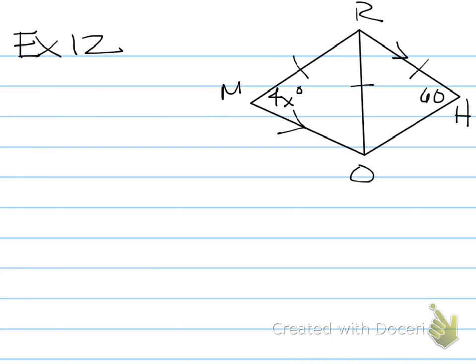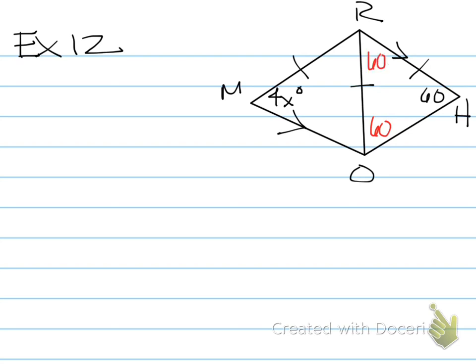And in this last example, first thing we need to find is the measure of angle HOR. HOR is going to be the other base angle in the triangle on the right. All right, and then since that angle is 60, that would mean that the top angle is 60. Angle ORH is also 60.